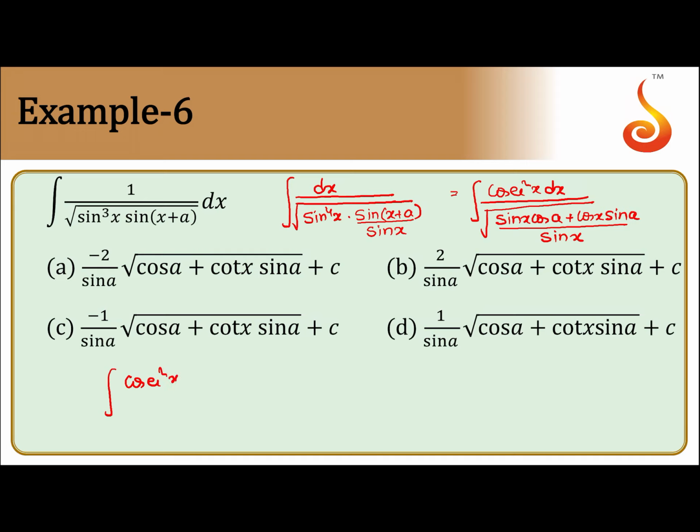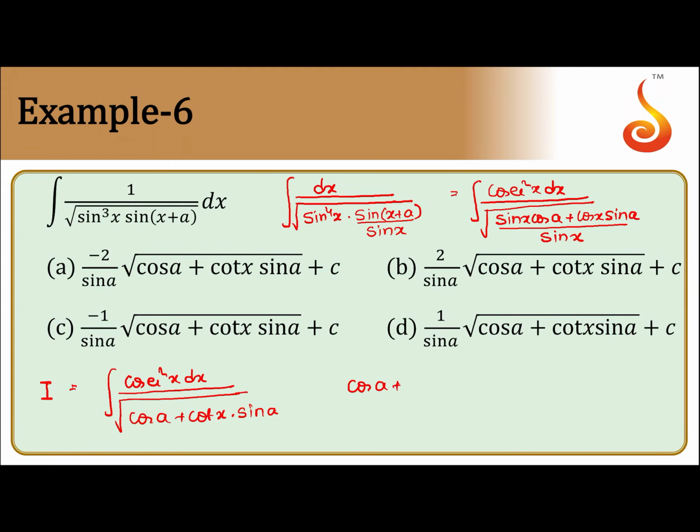Next step we are getting cosecant square x dx divided by under root of cos a plus cot x into sine a. So this is the function, we got it.